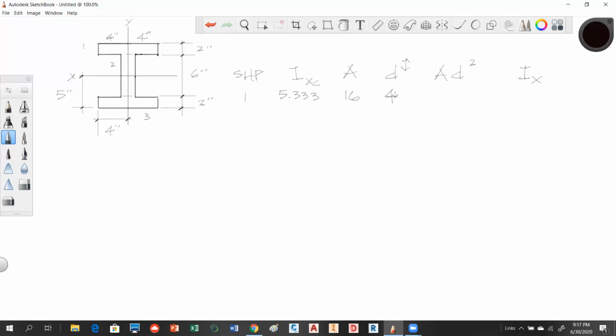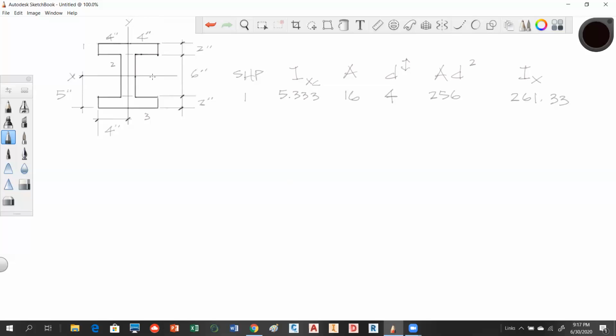And 4 squared times the area gives us 256. So the moment of inertia here is going to be this value plus this value, which is going to get us 261.33.